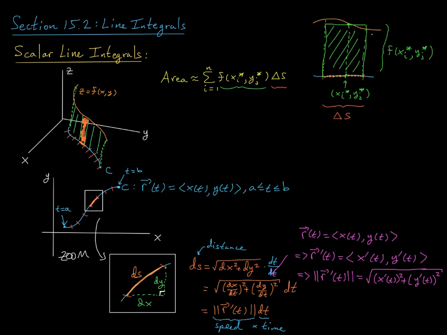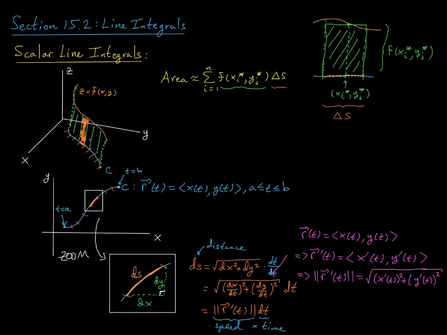Well, just like you see in Calc 2, over each one of these little strips, I can approximate the area of the fence over that strip by just evaluating our function at a point in that little subinterval, so that'd be our f of xi star, yj star, where this point is just a sample point, just some point in that little interval. And then you're going to multiply that height with the base, which, at least for a finite step, we would denote as delta s.